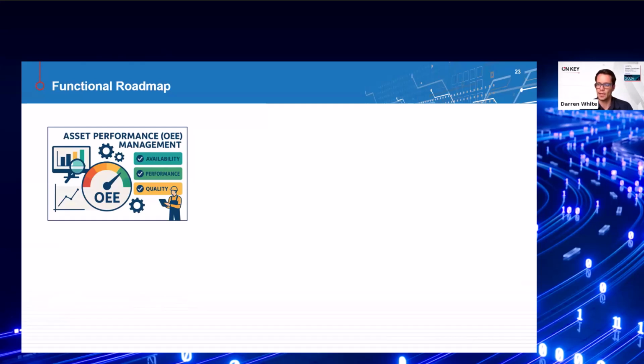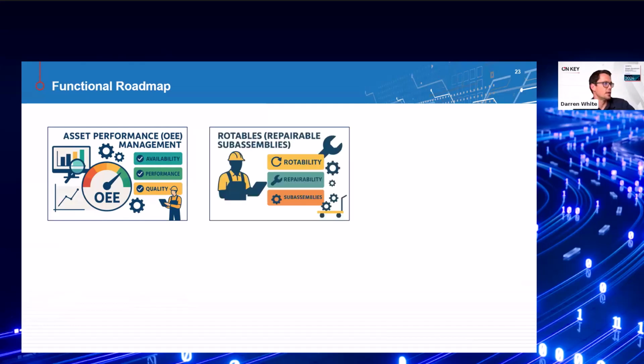So the OEE, like I said, it's not just important looking at the availability and reliability of your assets, but also looking at the productivity and the output or throughput of your assets. Next one is repairable sub-assemblies. So this is where you need to remove one of your sub-assemblies, and it needs to go to the repair office.